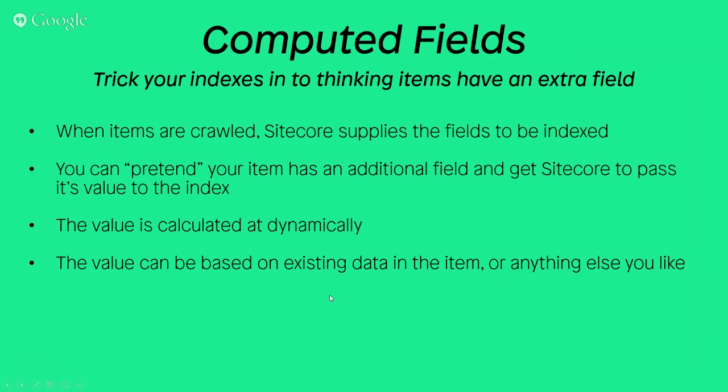When Sitecore is crawling through your items to add data to the index, Sitecore supplies the index with a number of fields, and what you can do is pretend an item has an extra field, calculate the value of that field at runtime and pass it to the index. As far as your index is concerned, it's just a field like any other on the item. But we know better. We know that we're actually working out its value at the point that we're inserting the data into the index.